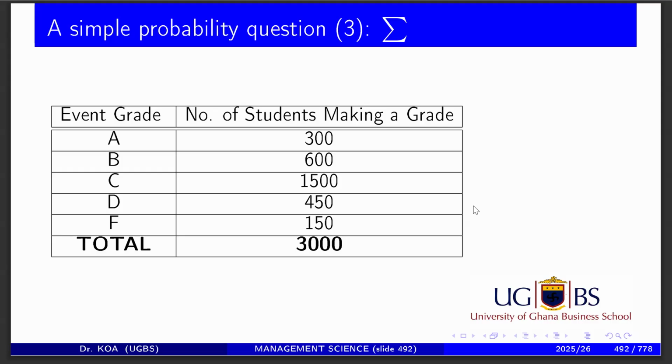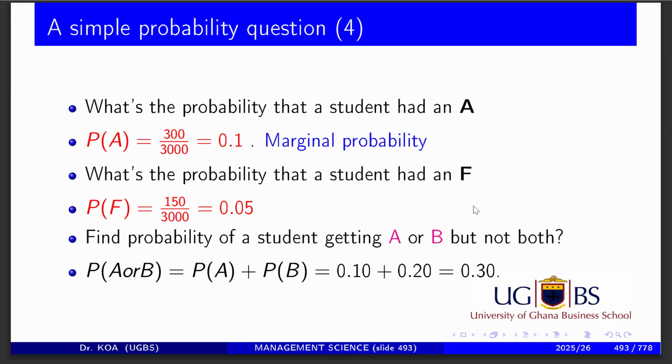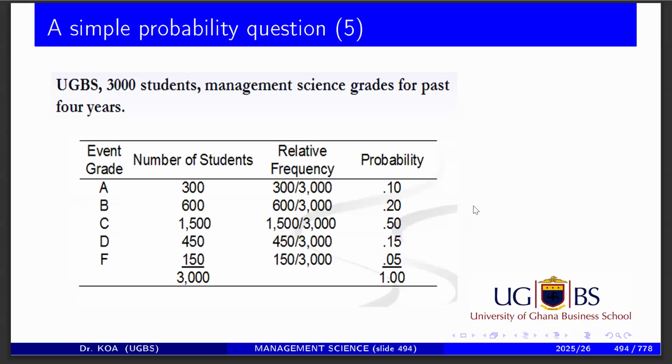No, you are not incorporating the minus intersection. The intersection will be 0 since it's not possible to get both. So A or B is going to be 300 over 3,000 plus 600 over 3,000. So that will give you this. Okay, that is A or B, but not both.